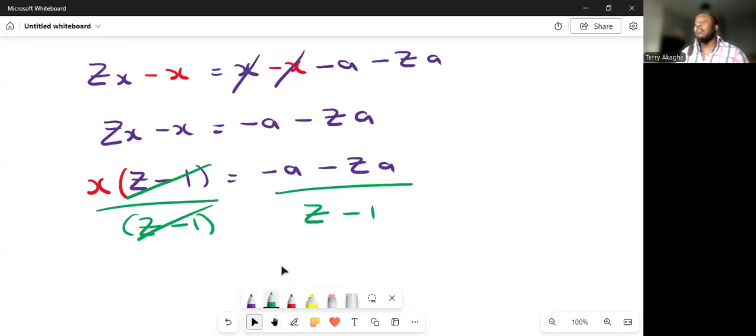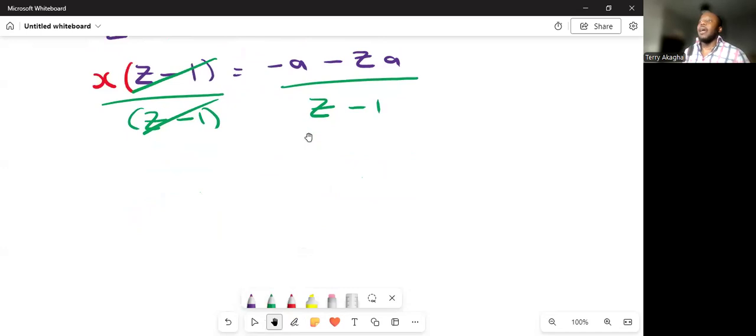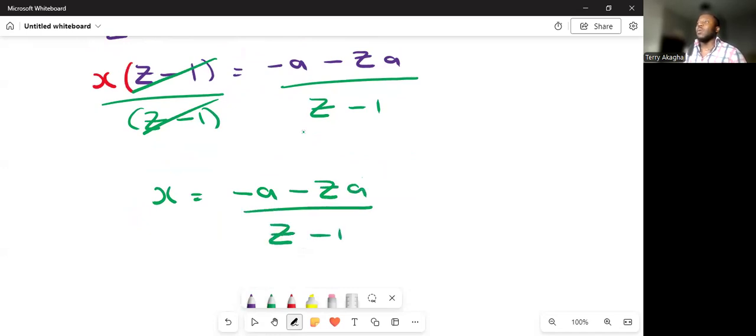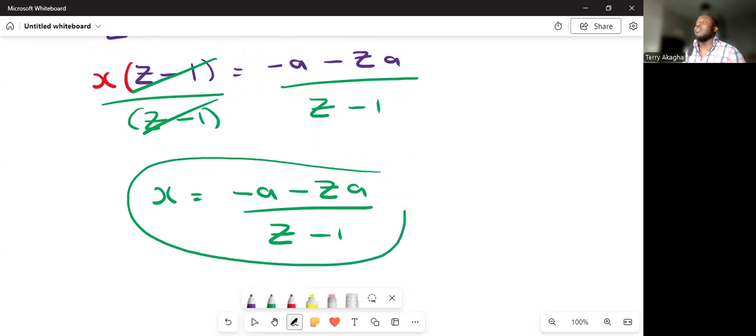Then x will now become (minus a minus za) divided by (z minus 1). And that will be the answer for that. So you just keep following the process and you keep on doing it until you have all the x on one side, then you factorize, then you solve it.